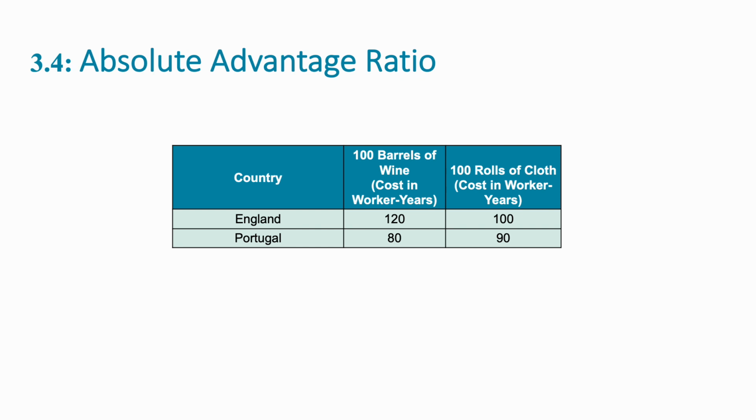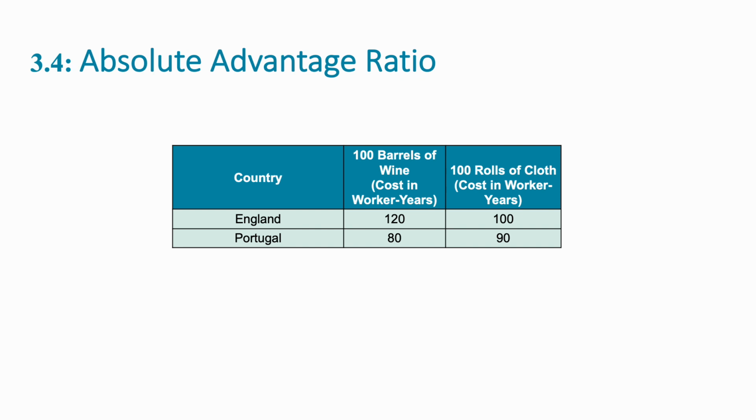So what Portugal should do is produce the wine and export it and trade with England. And England benefits from this because instead of costing them 120 worker years, they could put all their worker hours into making the rolls of cloth, which is less onerous for them because it's only 100 worker years as opposed to 120.